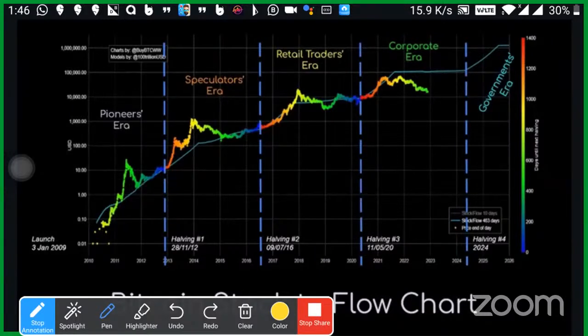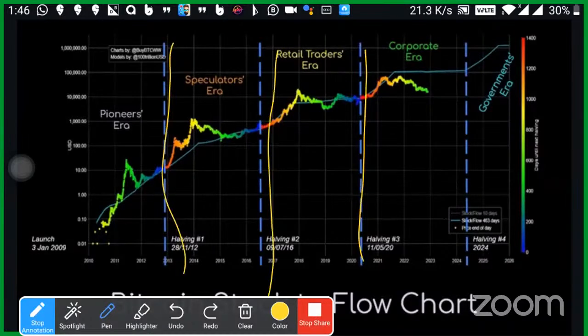The first thing that you notice, if you look carefully, is that before every halving happened, the Bitcoin price touched a new all-time high. You can see these are new all-time highs, and the next all-time high is always higher than the previous all-time high. It is not below the previous all-time high.